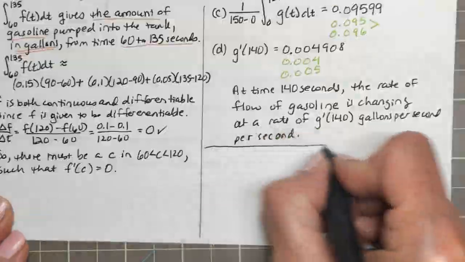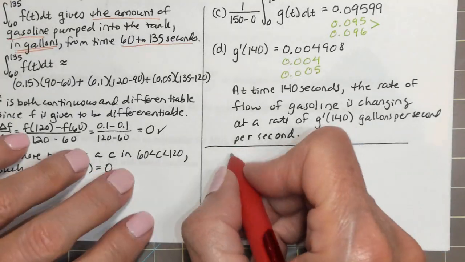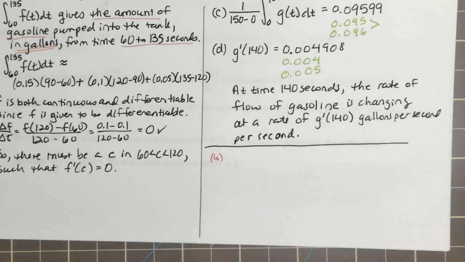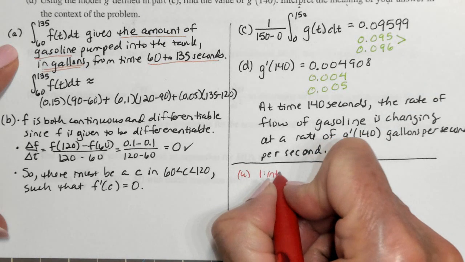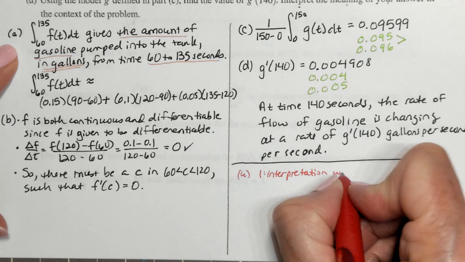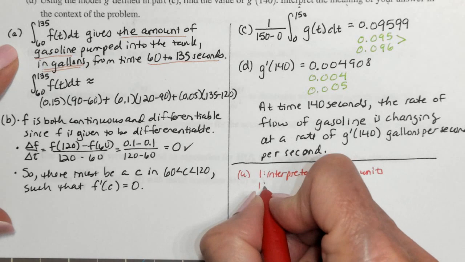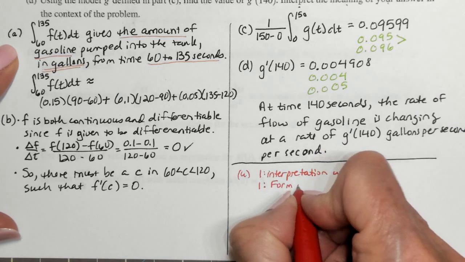All right. Let's see how they scored that this year, last year. Okay. Part A. I'm looking over here now. Okay, Part A, they gave 1 point for interpretation with units. They gave 1 point for the form of the Riemann sum.